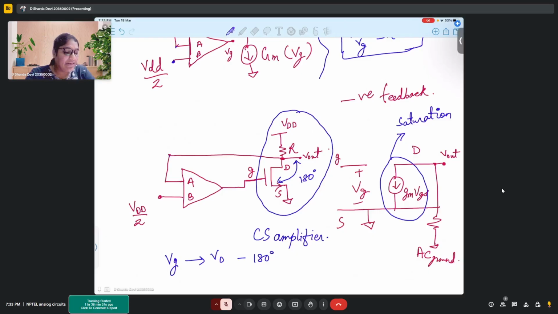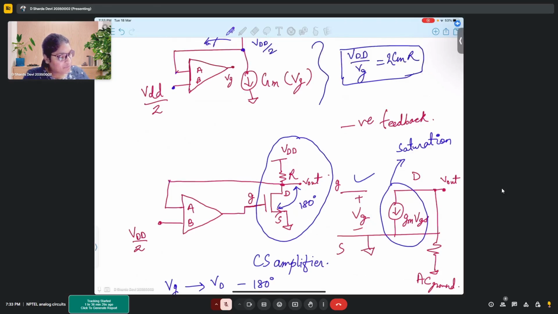That is also evident from this small signal model, and from this model as well. Because there is no connection between VG and ground, right? Ground is at S. Here, this is open circuited, right? So, will any IG be flowing?